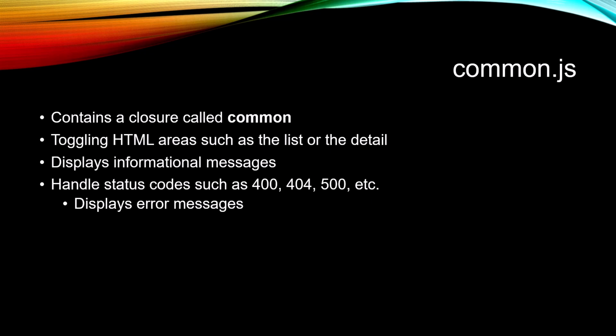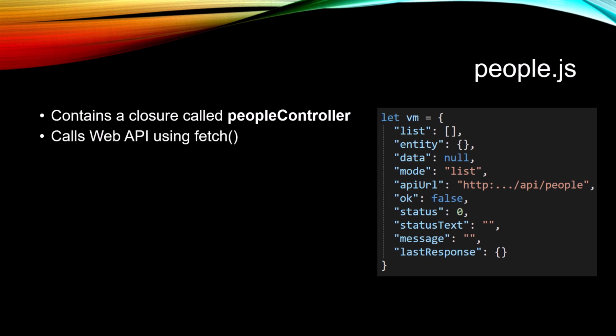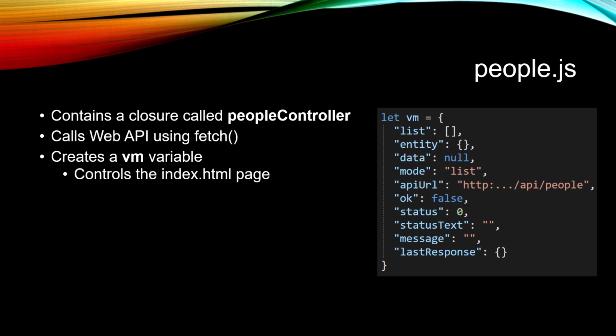In the people.js, it contains a closure called people controller, and it's responsible for calling the web API using fetch. It creates a view model variable that you can see over here that has all these various properties to control how the index.html page works.